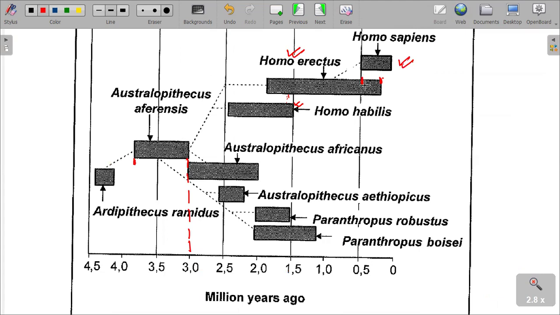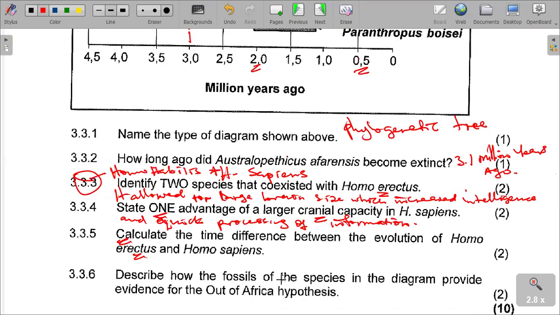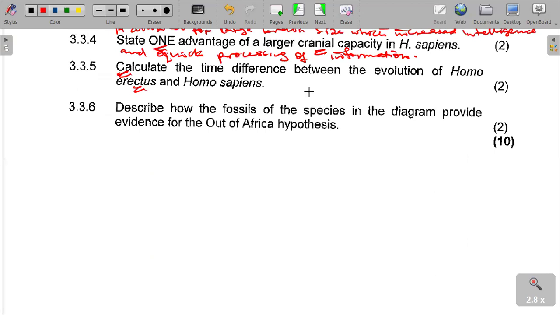This one is 0.5 and this one is 2.0. So what is happening here is that we are just subtracting: 2.0 minus 0.5 is equal to 1.5.